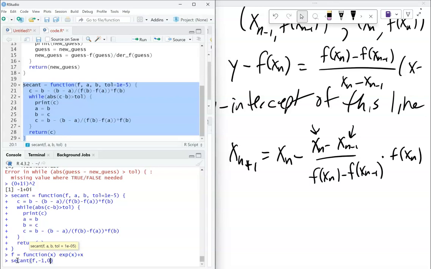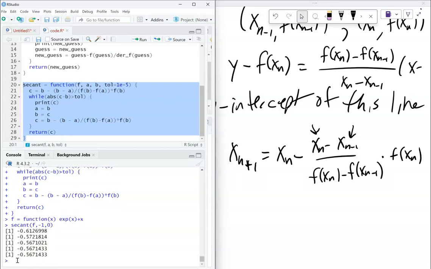Okay? I could have used 0 and 1. They were both on the same side, but you're still just using the line to figure out the next one. So you don't have to worry about bracketing it like you do with bisection method. Also, the way we wrote our function to do the secant method, it doesn't matter which one's the bigger and which one's the smaller. Right? We're just cycling through. All right.